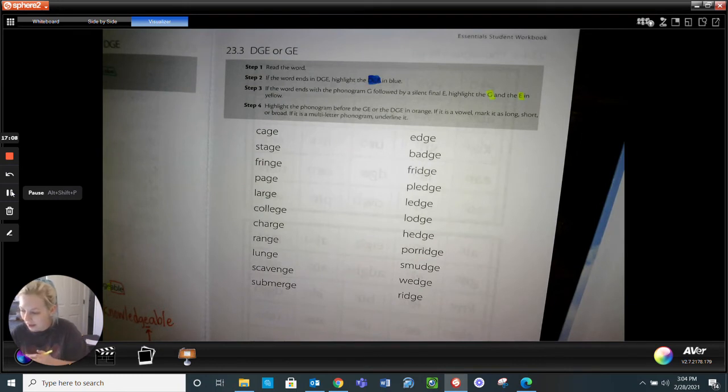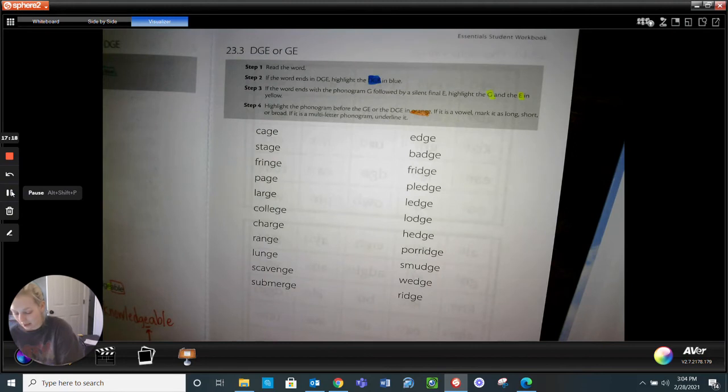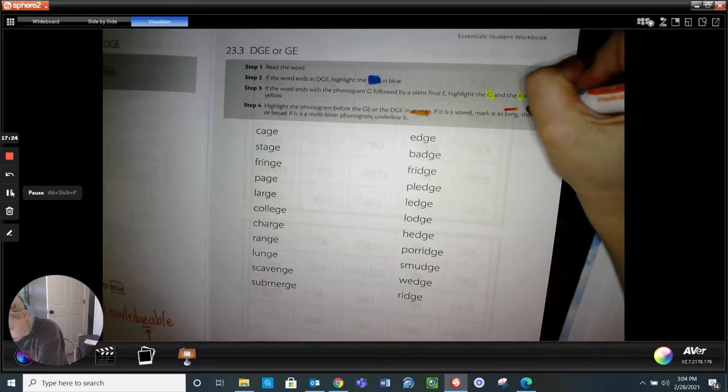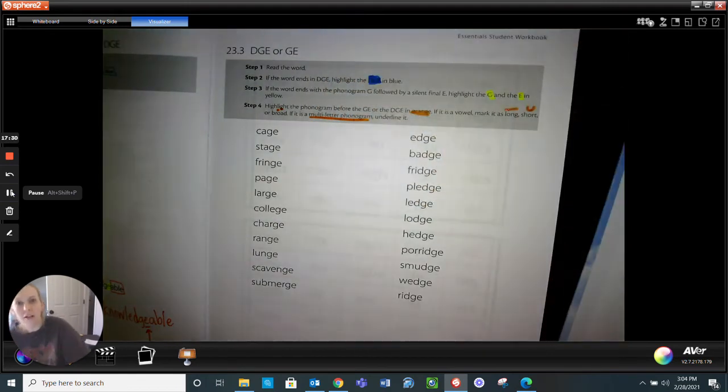Okay, and then step 4, highlight the phonogram before GE or the DGE in orange. And then if it's a vowel, mark it as long, short, or broad. If it is a multi-letter phonogram, we're going to underline it. All right, lots of steps for this one.